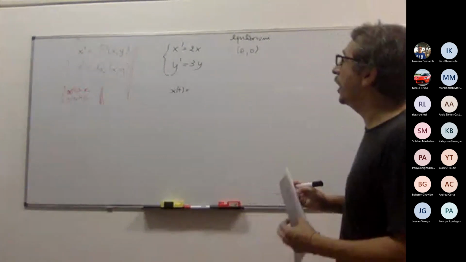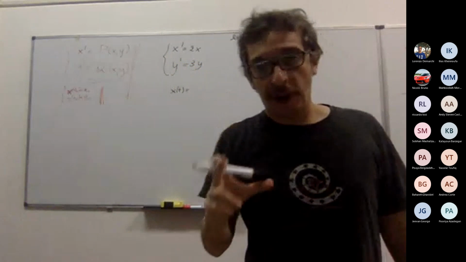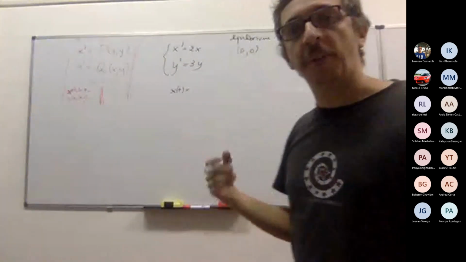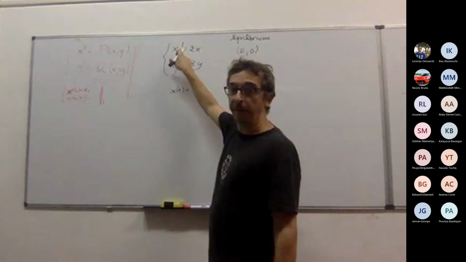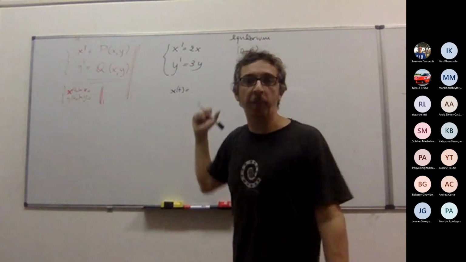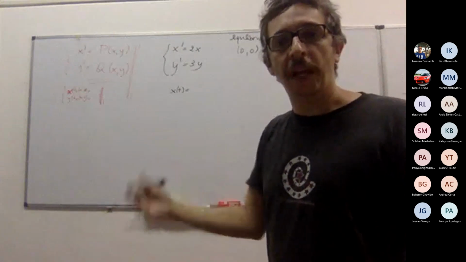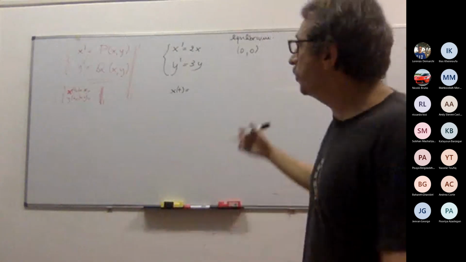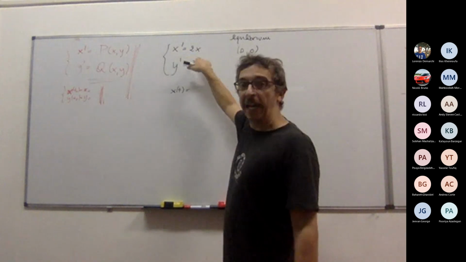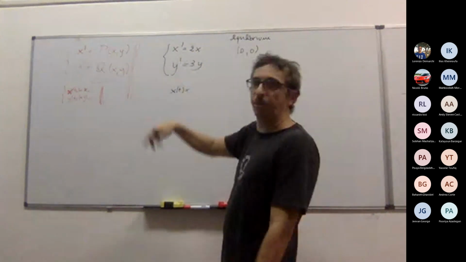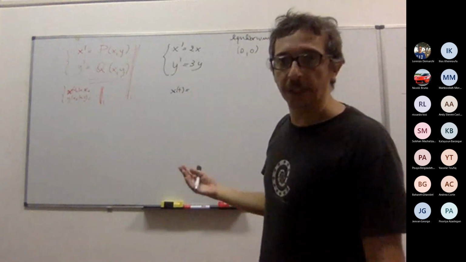Hold on, no. Actually, this is x prime, not x double prime. So a solution in terms of sine and cosine would be if you had x double prime. Like before, x double prime plus x equal to 0 has a solution in terms of sine and cosine. So this one, the solution of x prime equal to x, or equal to 2x, or in general equal to alpha x, is going to be in terms of exponentials.